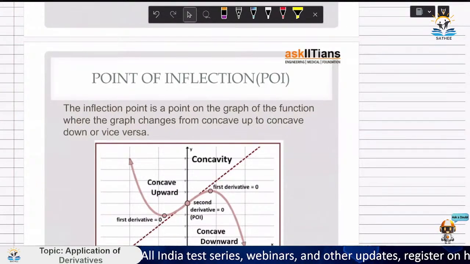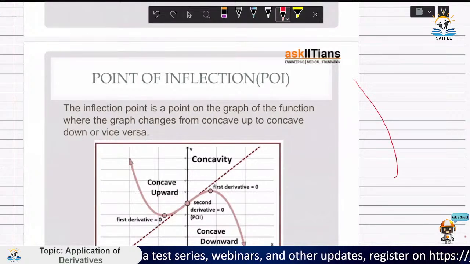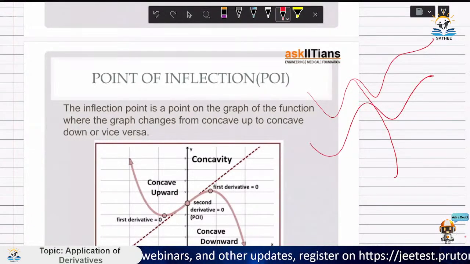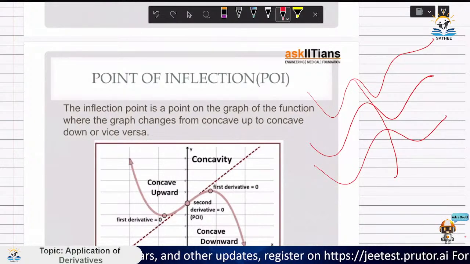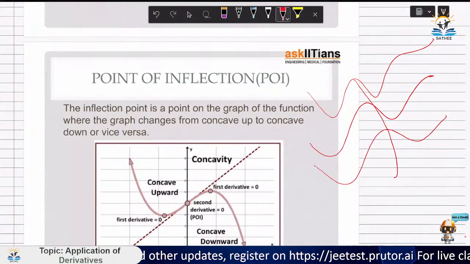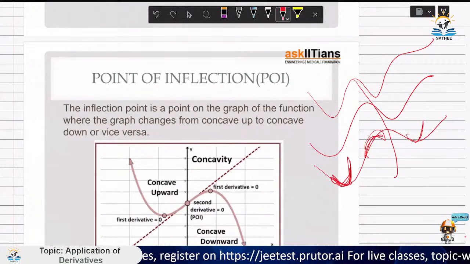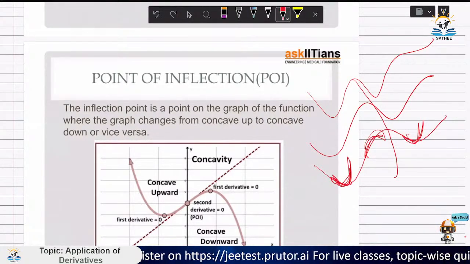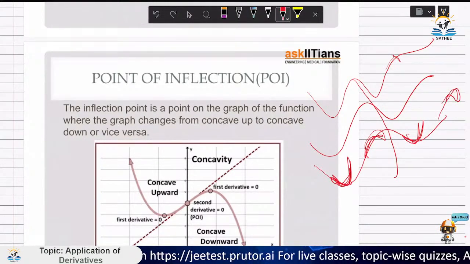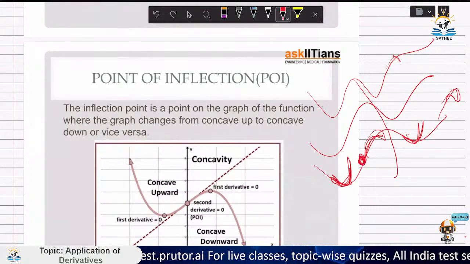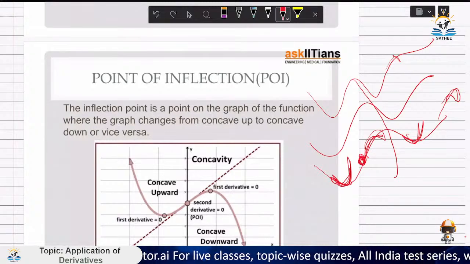Usually a polynomial graph is of a pattern like this. What we can see here is the concavity is changing. It is concave up here, concave down here, concave up here, and concave down here. The point where we can see a change in concavity is called the point of inflection.